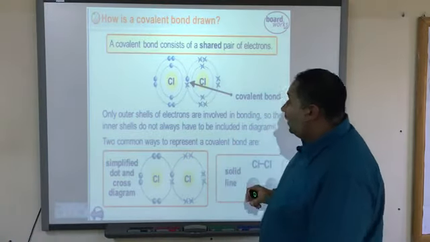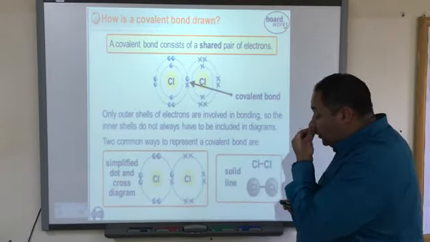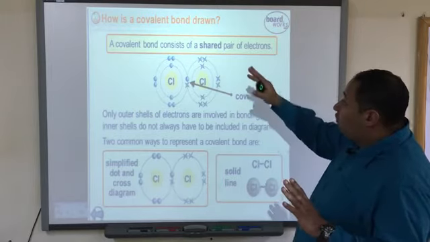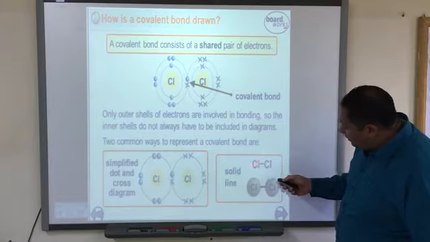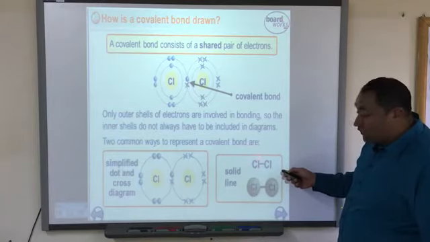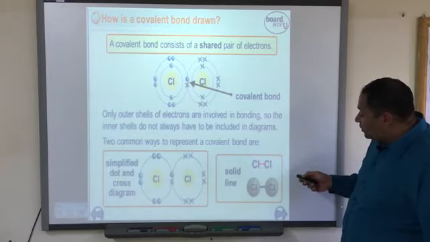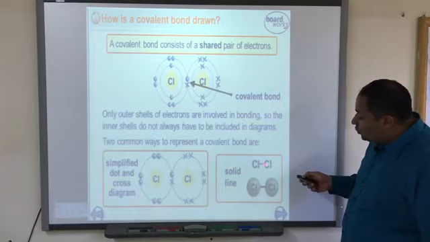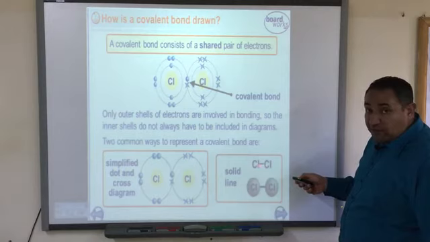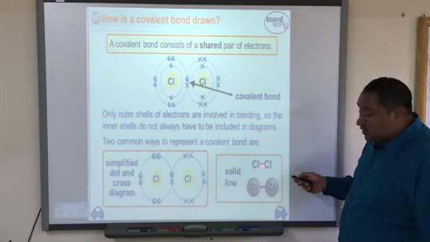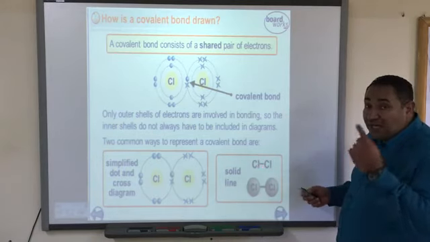To draw it simply, you write the symbol of the atom Cl and another Cl, then put a dash in the middle. This is how you represent a covalent bond, and this solid line represents a single covalent bond.